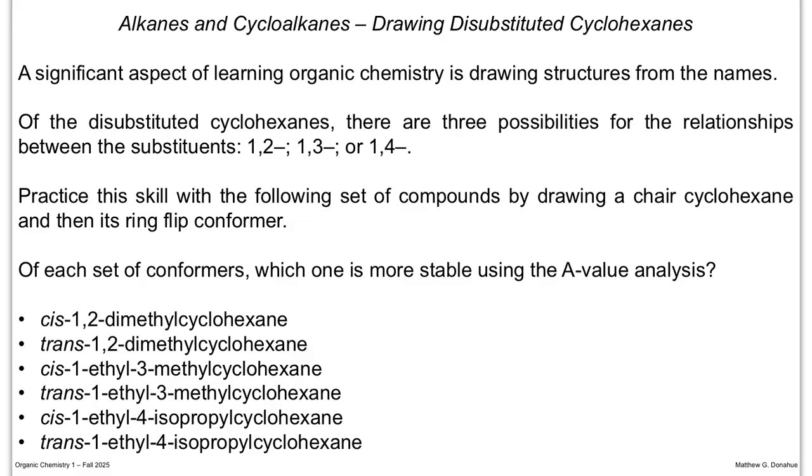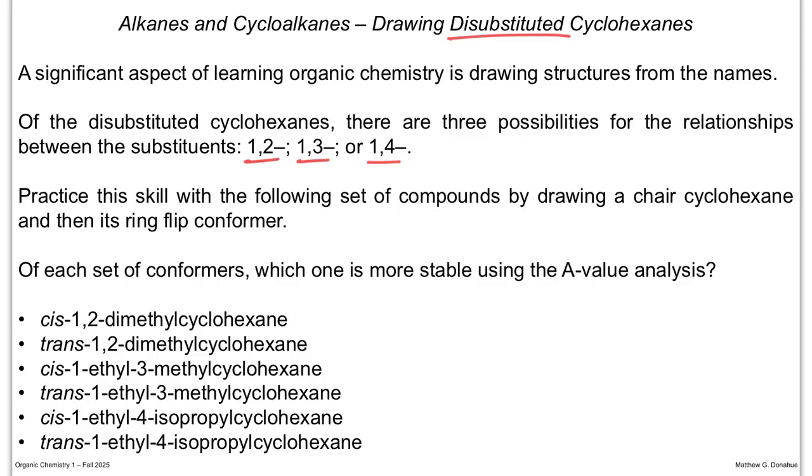So this is where we're all going to earn our paycheck here. What if there's two substituents? So not only do we have to specify the relationship between them, so are they right next to each other, 1,2, or are they 1,3, or 1,4?